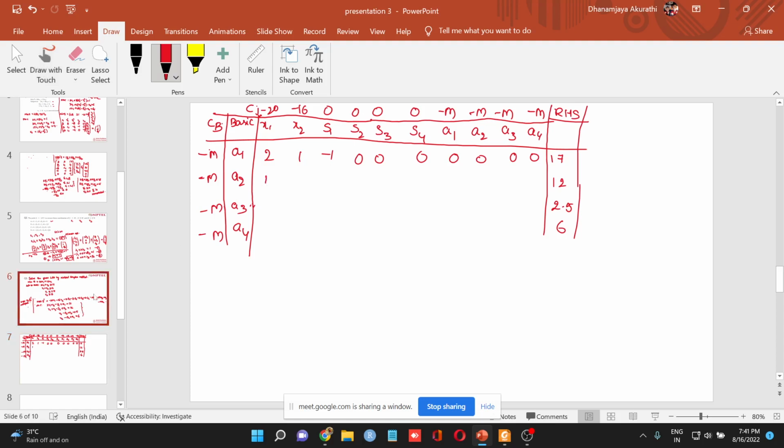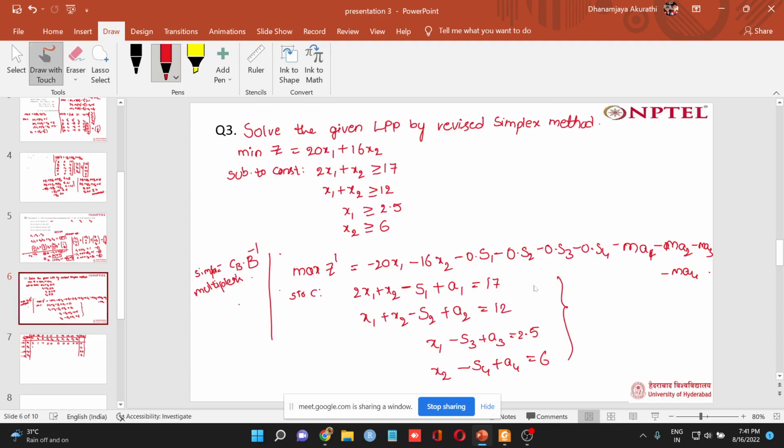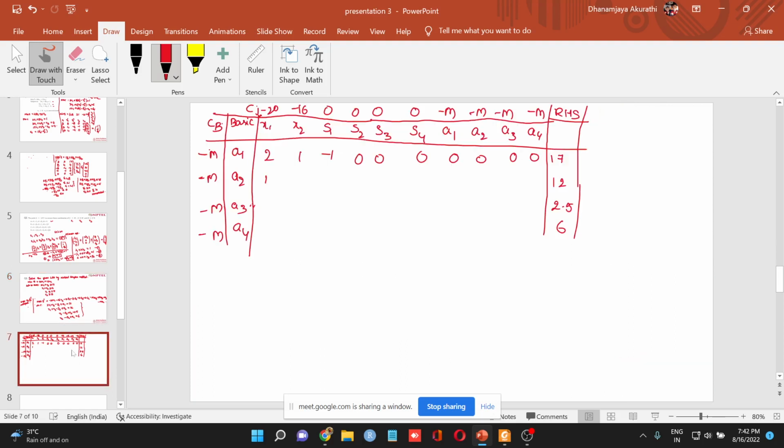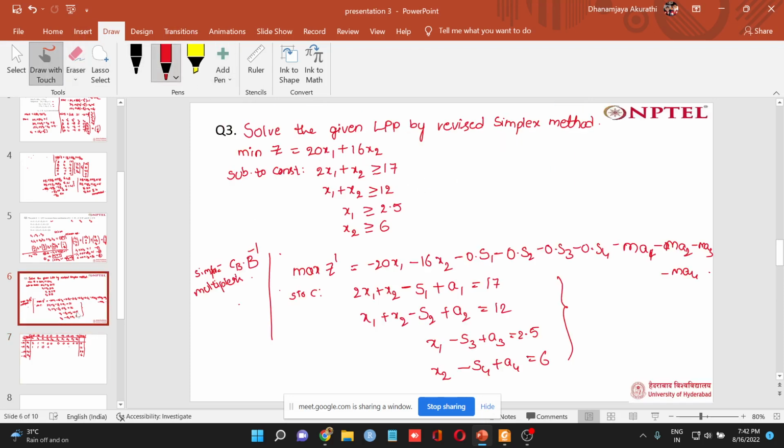First, please note the given problem and write it in the standard form of LPP. Then just follow my steps. Here 1, 1 and x1 0, minus 1, 0, 0. And A1 is 1.